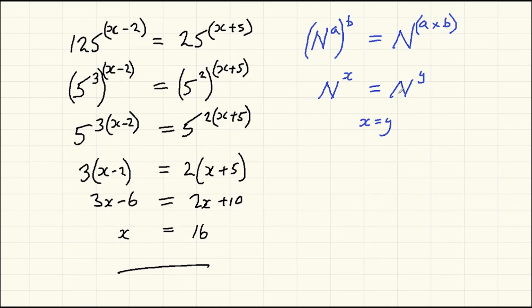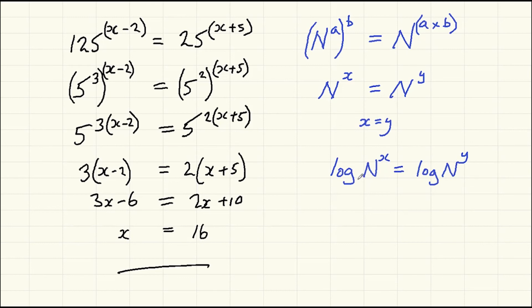Just as a side note, if we wanted to prove that this is true, what we could do is take the log of both sides. So we'd have log n of n to the x equals log n of n to the y.